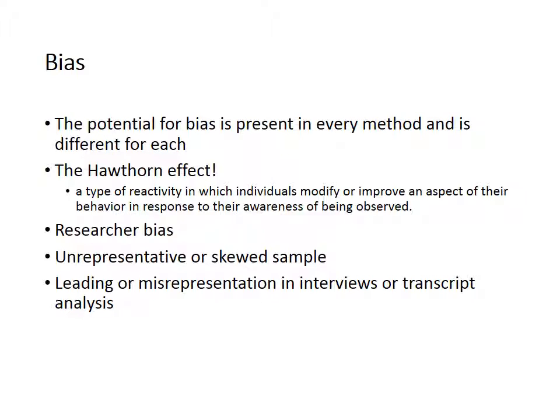We need to think about the Hawthorne effect, which is where an individual can modify or improve an aspect of behaviour as a response to the awareness of being observed. We touched on this just now. Think about researcher bias. This goes back to the way in which you ask questions. Not just the phrasing of the questions, and we looked at this earlier.